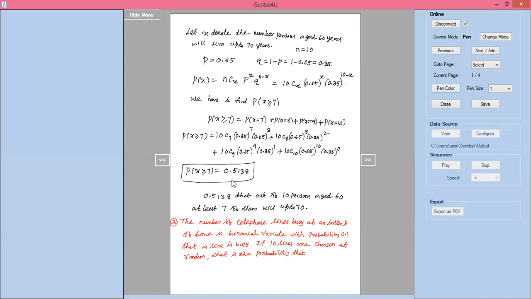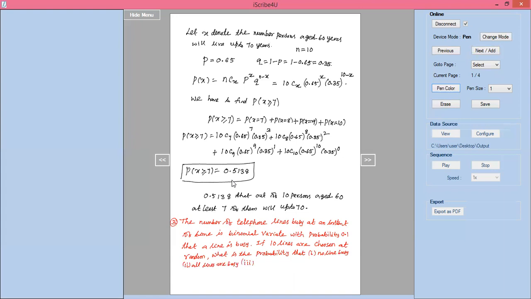First, no line is busy. Second, all lines are busy.